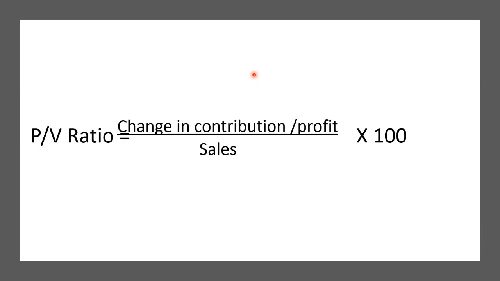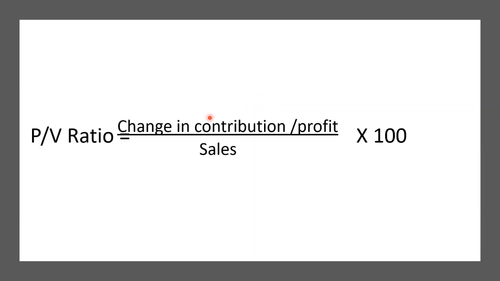How do we arrive at the number of units that were produced, or how do we arrive at the profit figure? We can quickly look at the difference between two production levels. 100 units, it was 1,000. 500 units, it is 5,000. That means the difference is 400 units.